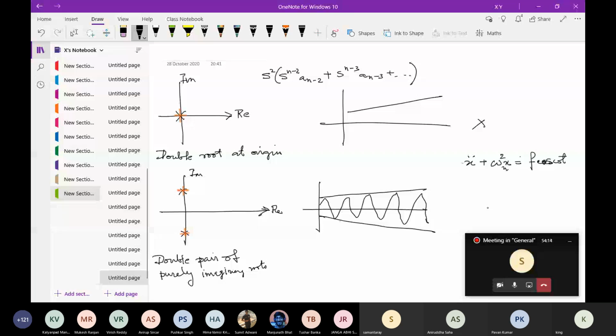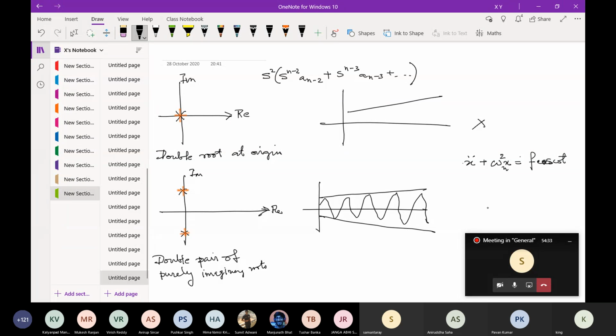It will be some amplitude k into cos omega t. But what happens when omega is equal to omega n? This is something that is taught to you when you are initially taught the solution of ODEs.